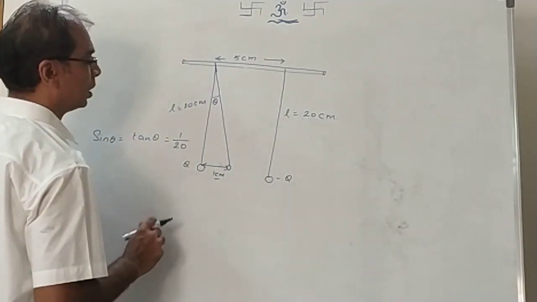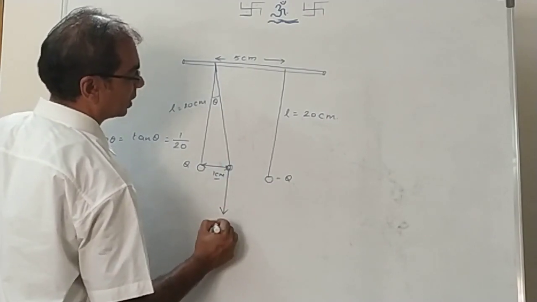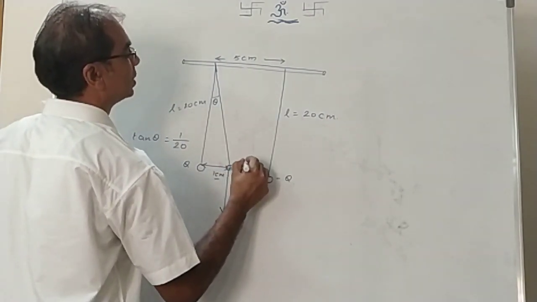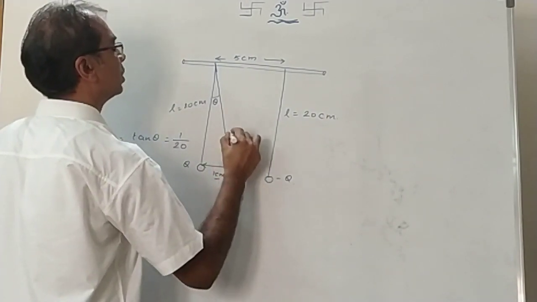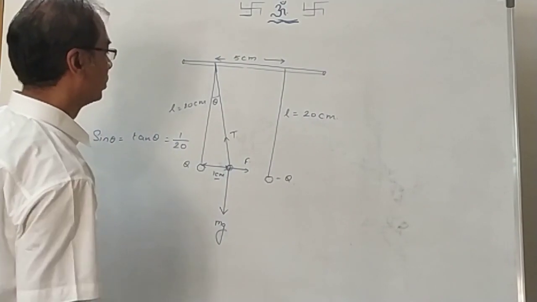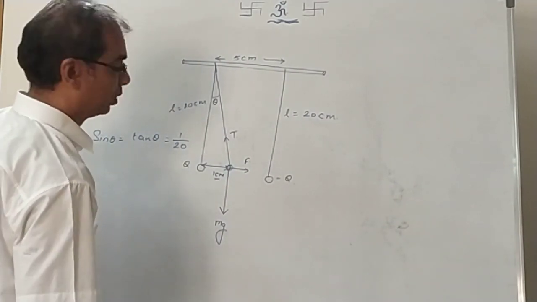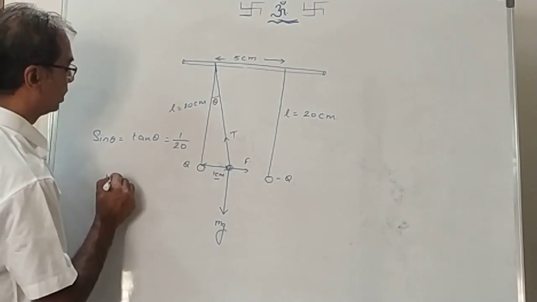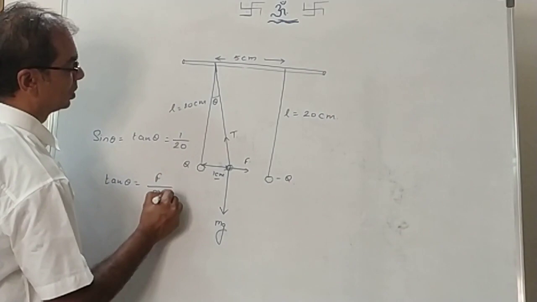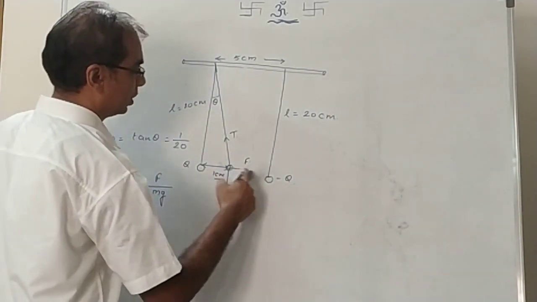Fine. Now let's talk about its equilibrium. We know that mg is acting like this, force is acting like this, and tension is over here. Since it's in equilibrium, we can say T sin theta equals F, T cos theta equals mg. That means tan theta equals F by mg. Now what is F between the two?